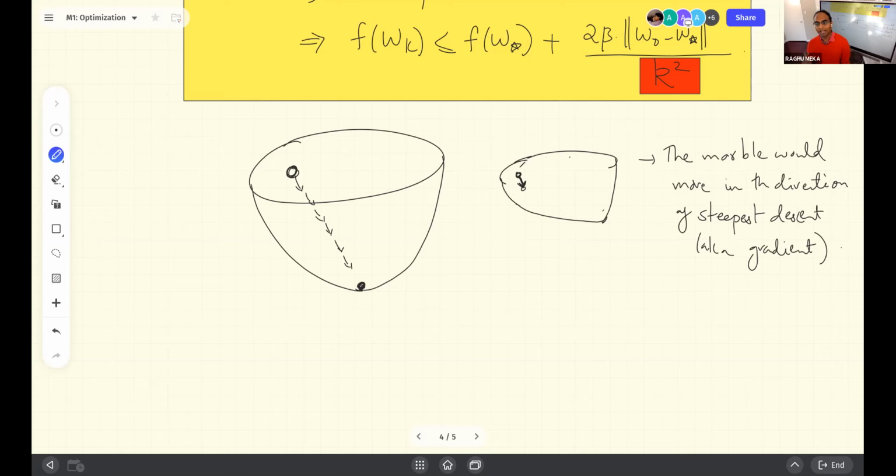If the marble has a lot of mass, then the momentum will kind of counter it. So somehow here, it will be some combination of the steepest gradient and the previous velocity, right?